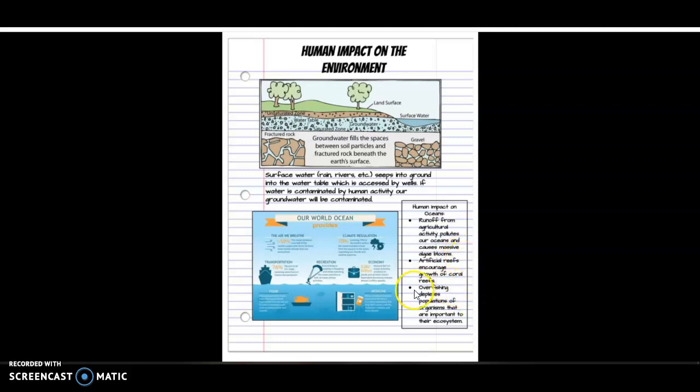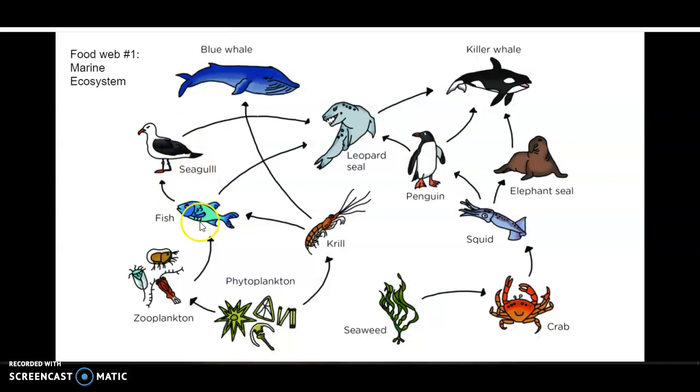Another negative impact would be overfishing. People go out into the ocean and they fish for a living, but if they take out too many of the fish, then they can affect the ecosystem. So let's say we take out this particular batch of fish. Well, now we don't have these fish eating the zooplankton and the krill, so both of those populations are going to go up a lot because they don't have as many predators.